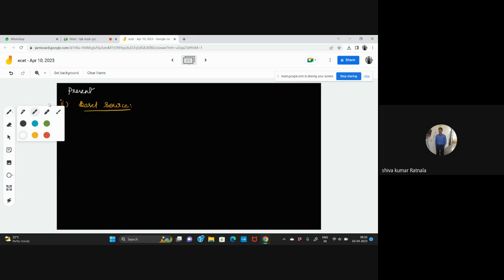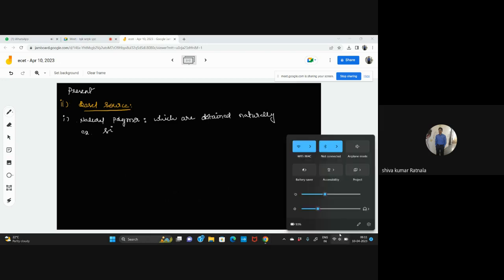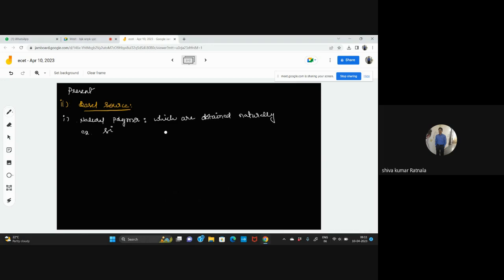That is natural polymer. So in the natural polymer, which are obtained naturally. సో ఎగ్జాంపుల్ ఏం చెప్పుకోవచ్చు అంటే సిల్క్, wool. సో నేచురల్ పాలిమర్స్ ఏం చెప్పుకోవచ్చు అంటే జనరల్‌గా సిల్క్, wool, cellulose.